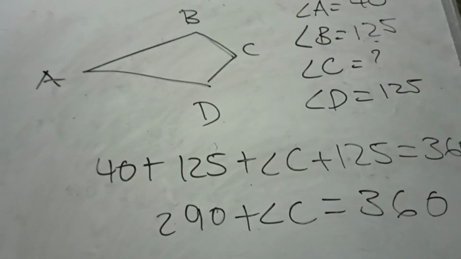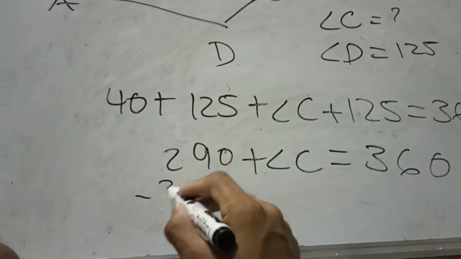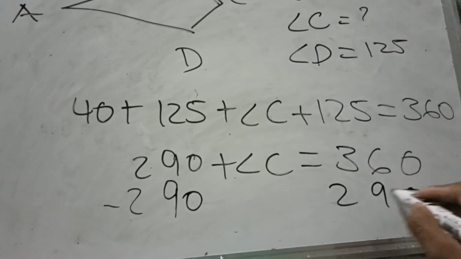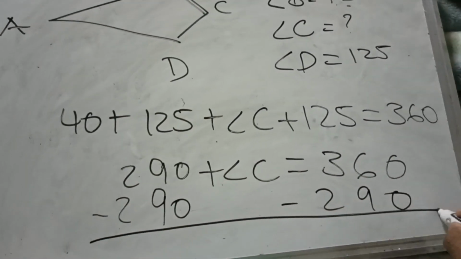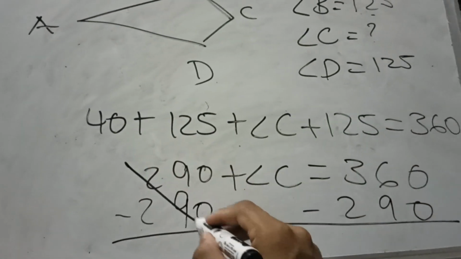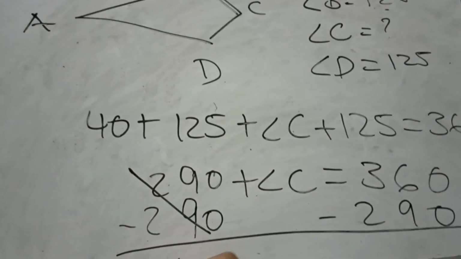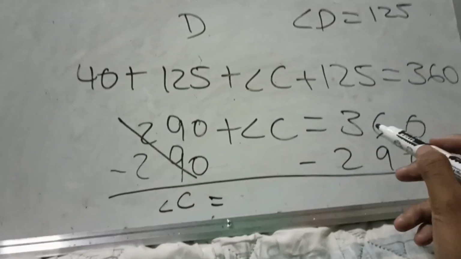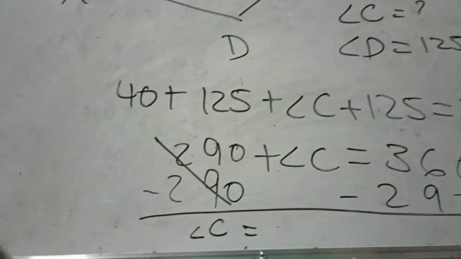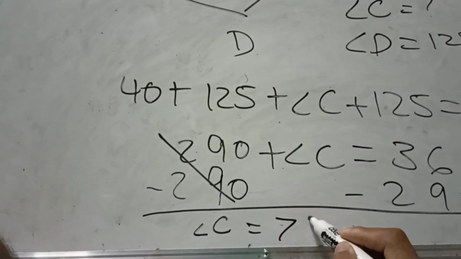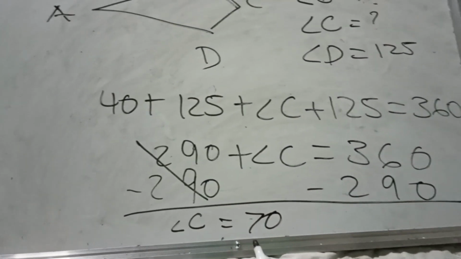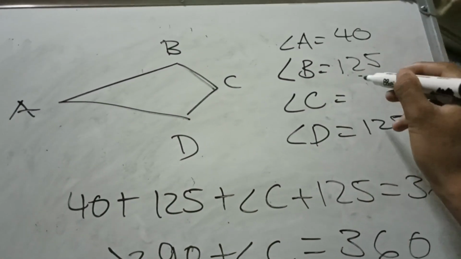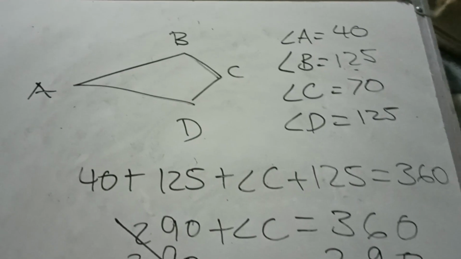Now let us solve for angle C. So 290 will cancel, and angle C will be left. That will be equal to 360 minus 290, which is 70. Now we have found angle C, which therefore answers our problem.